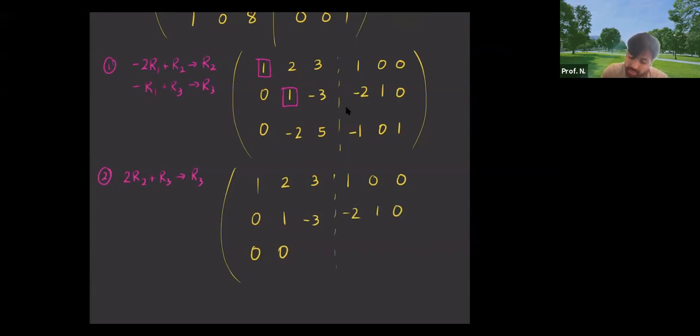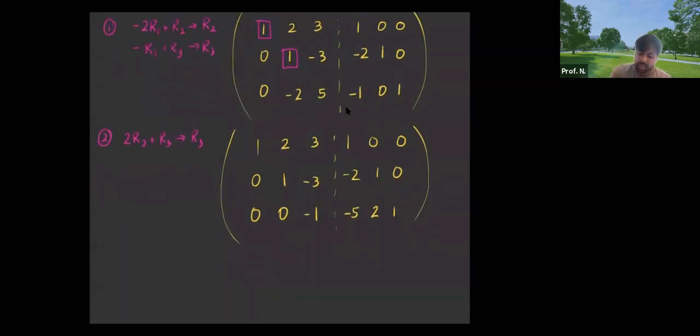And then you get 2 times -6 plus 5, which is -1. This becomes -4, then -4 minus 1 is -5. 2 plus 0 is 2, and then I get 1. So far, so good.